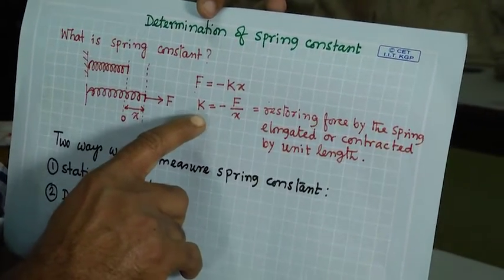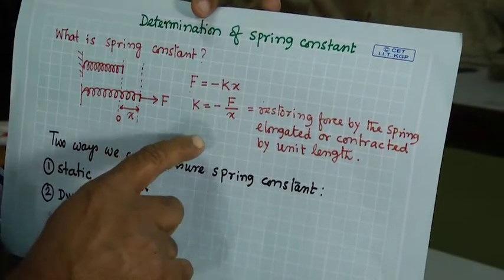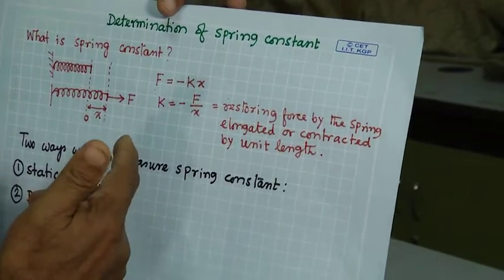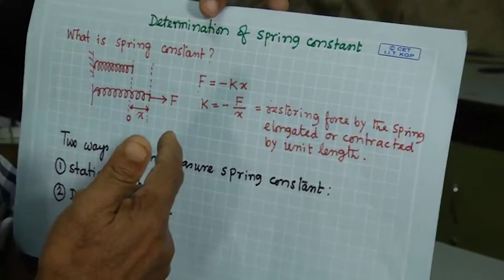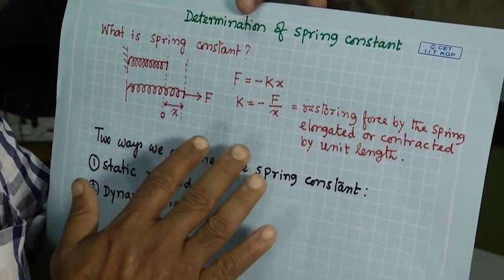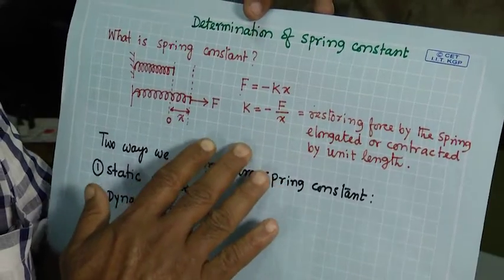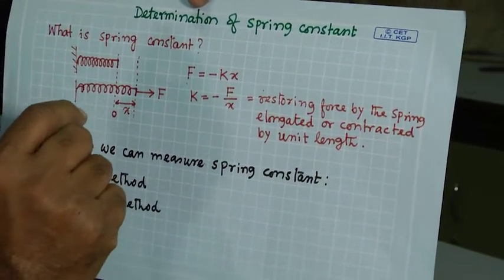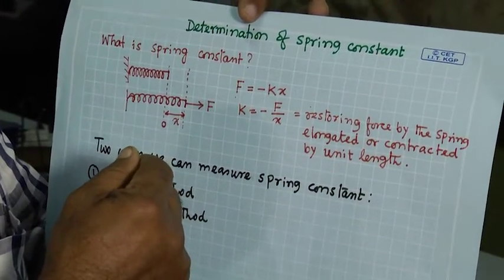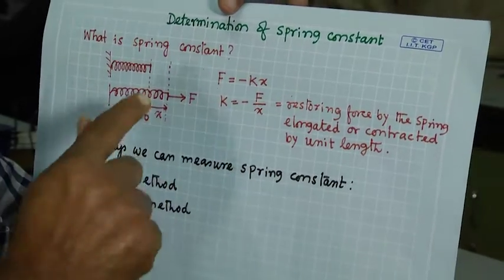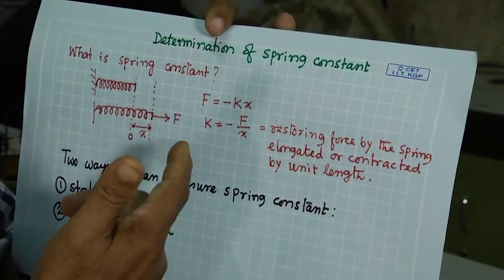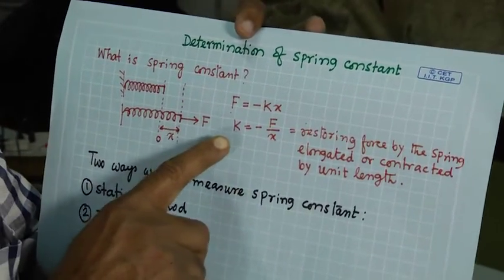That means k is the restoring force of the spring per unit elongation or contraction. For unit change of length of the spring, how much force we need to apply, an equal amount of force will be the restoring force. That force per unit length is the spring constant.